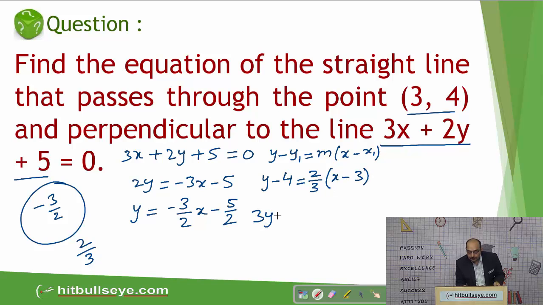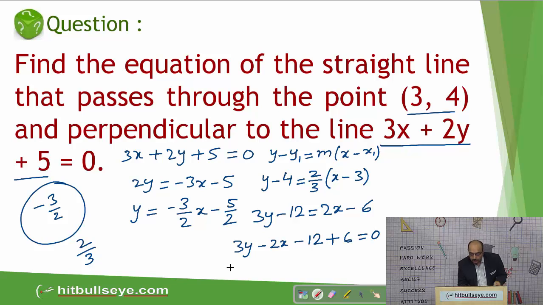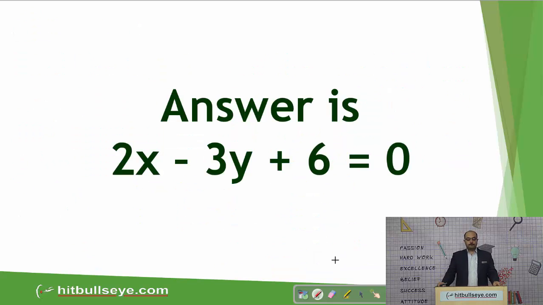So we get 3y minus 12 equals 2x minus 6. Bringing 2x minus 6 to the left hand side, we get 3y minus 2x minus 12 plus 6 equal to 0, or 3y minus 2x minus 6 equals 0. That is the answer to this question.